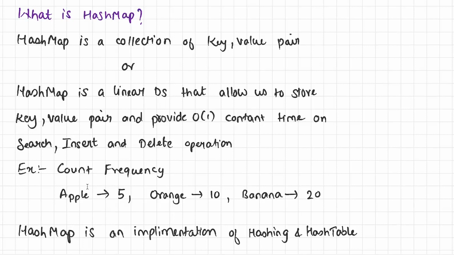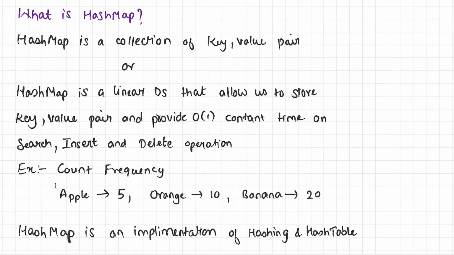So let's understand this with an example. Let's say you have three types of fruits: apple, orange and banana, and you want to count the frequency of all the fruits. So you have 5 apples, 10 oranges and 20 bananas. Whenever you want to store this type of data that has key and value, in those cases we can use HashMap.